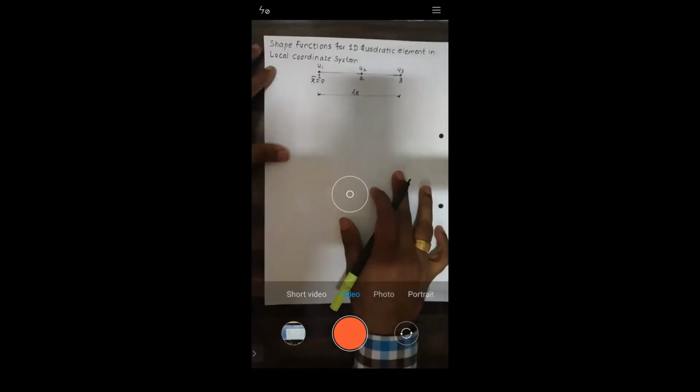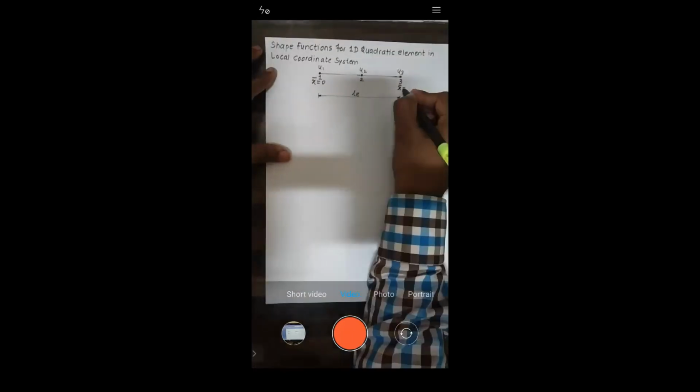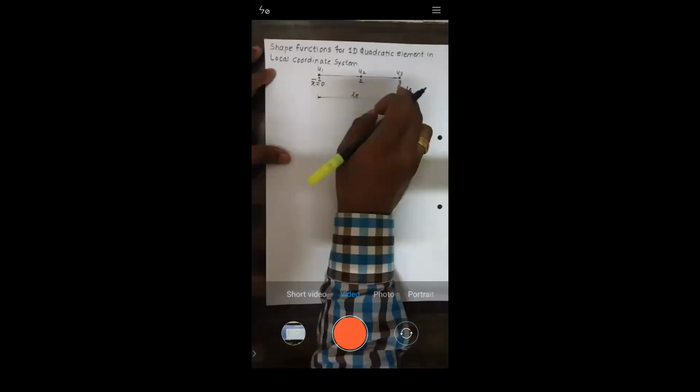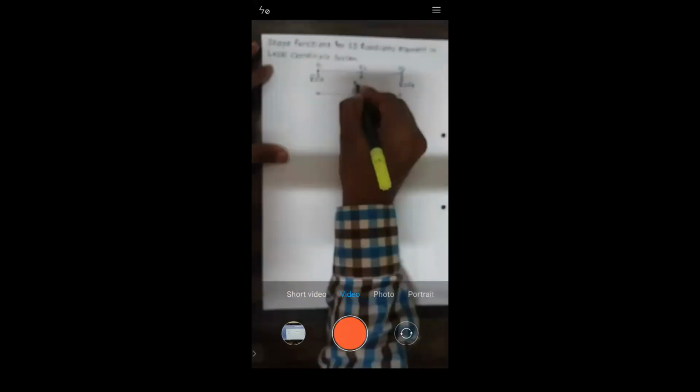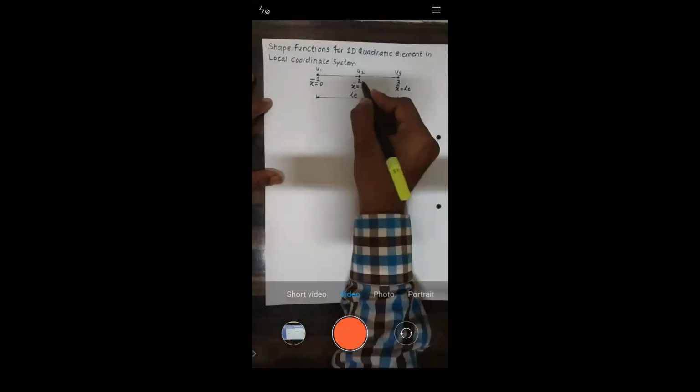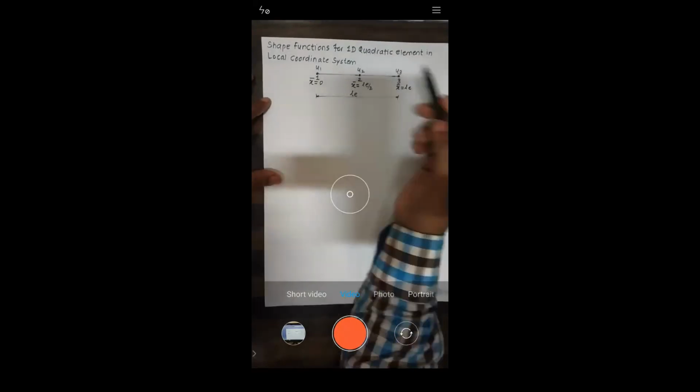Here x bar is equal to LE, the total length. Now what is the value of x bar at the middle node? It is LE by 2, because this is the midpoint.